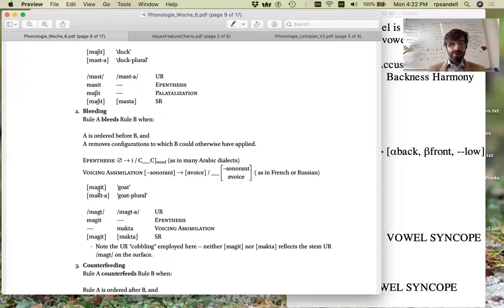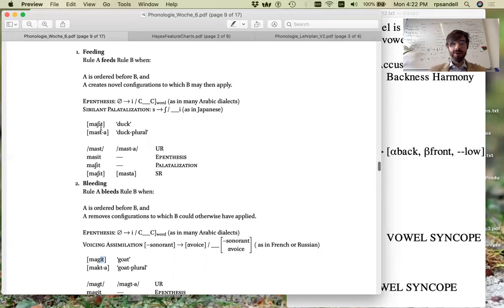So here, let's keep the same morphology with a plural suffix, a, and we find two different forms of the word for goat. We have magit on the one hand, but in the plural, we have makta. So here we see two alternations. We have an alternation of the vowel E with nothing, just as we did in the paradigm of our word for duck above.